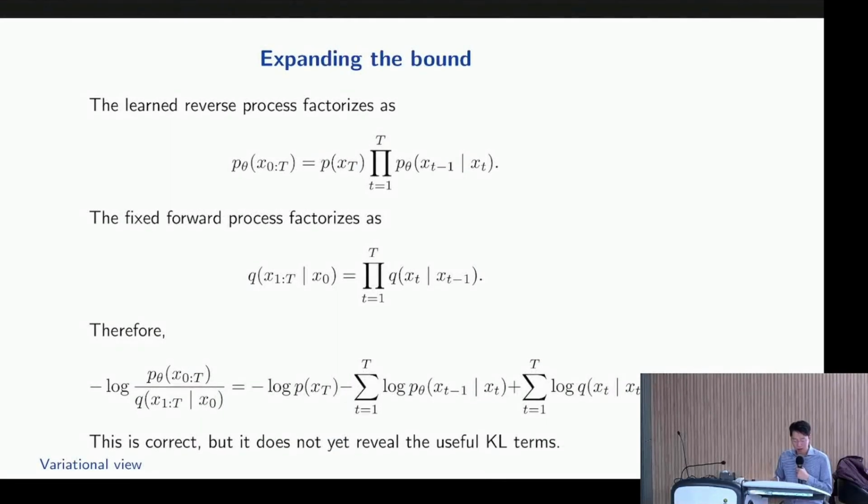Okay, so the learned reverse process factorizes because it's a Markov chain, p of xt minus 1 given xt. And the forward process factorizes as well, as we already talked about, Q of xt given xt minus 1, etc. So this is clean image, one step noised image, and the order is reverse.